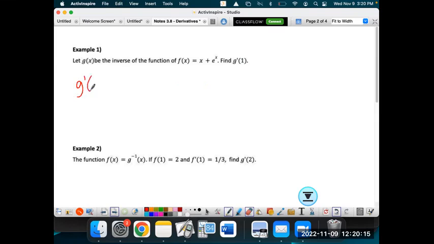I want you to pause the video and write down what g prime of 1 would be using that derivative formula. Here it is, derivative of the outside with g of 1 plugged in. So what information do I actually need to know in order to move forward with this?